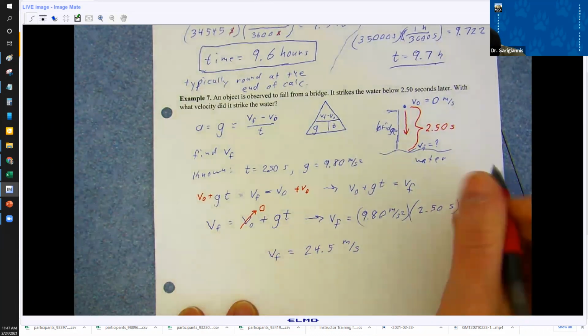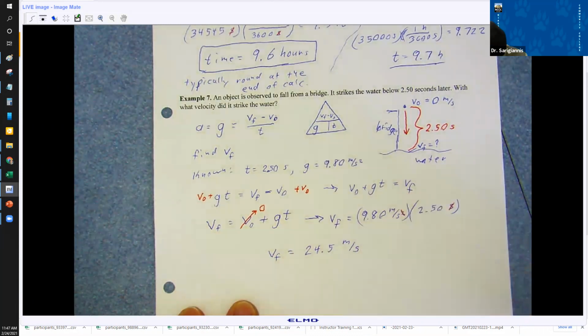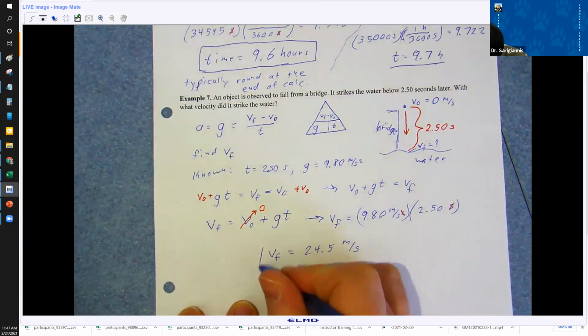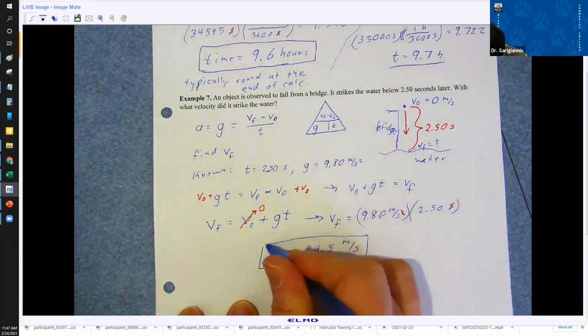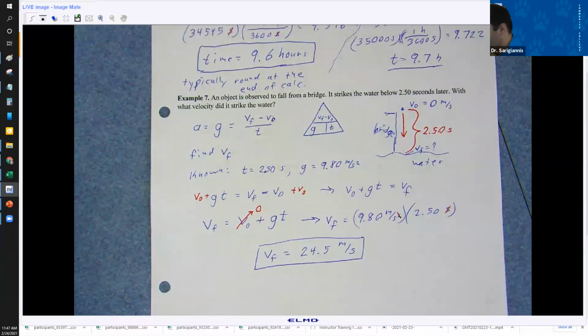So notice the seconds here are canceling. And then you're left with the final speed is 24.5 meters per second. And remember, we're using 9.8 meters per second squared as an exact acceleration. So we wind up with 24.5 meters per second. That's how fast it hits the water if it takes 2.5 seconds to fall from the top of the bridge, starting off at 0 meters per second.